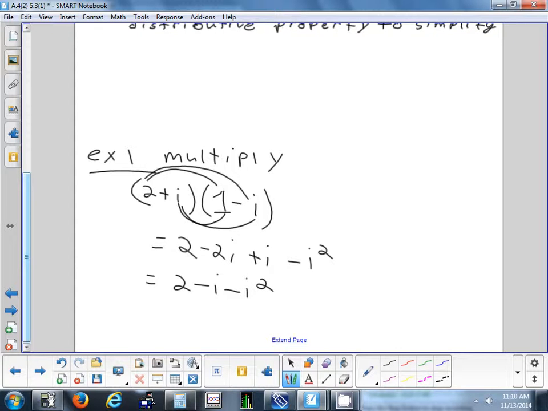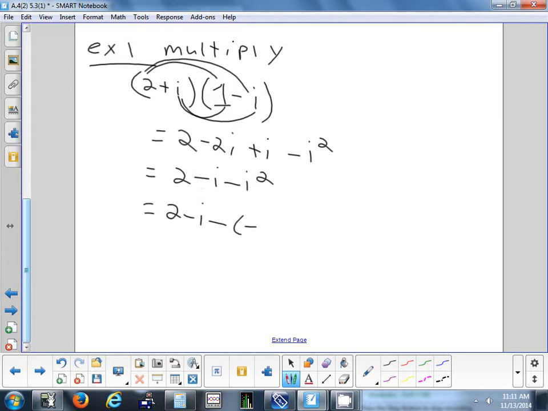Okay, and are we done, Ethan? Oh, no. What else do we have to do? Yeah, we got to simplify that i squared, and then we're going to be able to combine it with something else. So we have minus, Sarah, what is i squared?